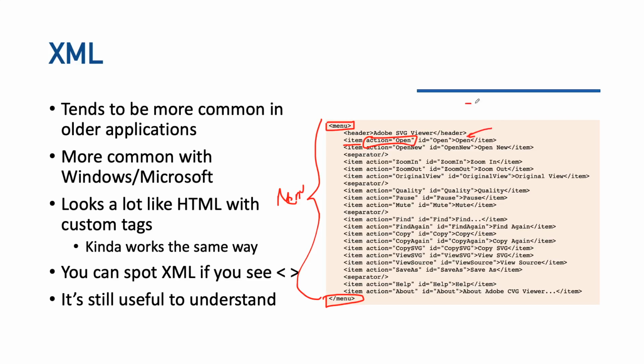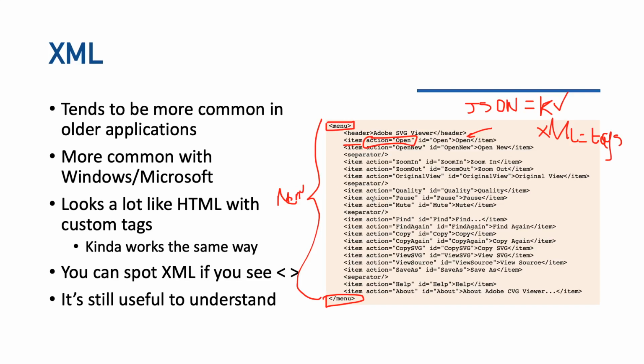So JSON can only represent things as a key value pair, KV. But XML, because it looks like HTML, can represent things in tags. Oh my god, it's hard to write with a trackpad. There we go.